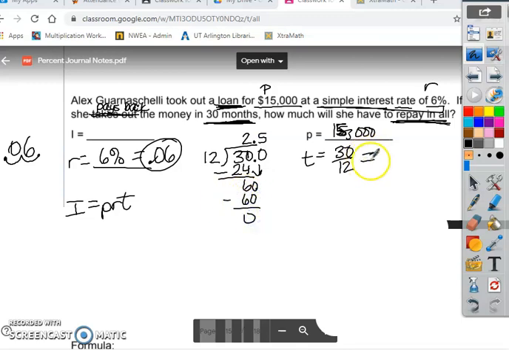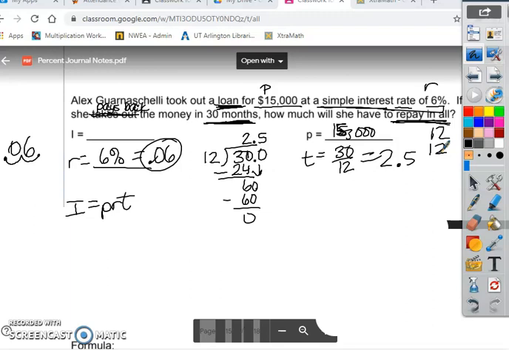So this, guys, this is 2.5 years, and that kind of makes sense. 12 months is 1 year. Another 12 months is 24 months, that's 2 years. Another 12 months is 36 months, which is 3 years. Okay, so it's 2.5 years.